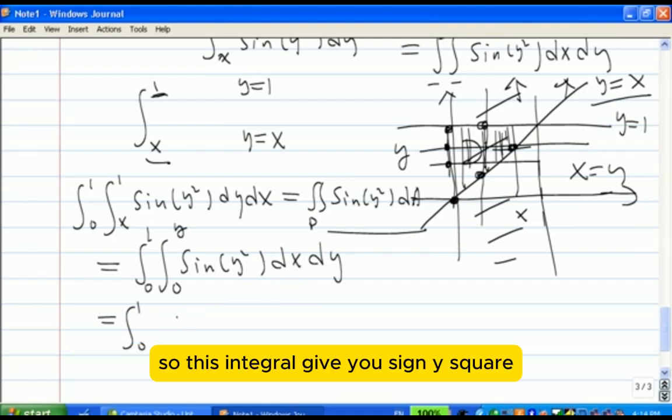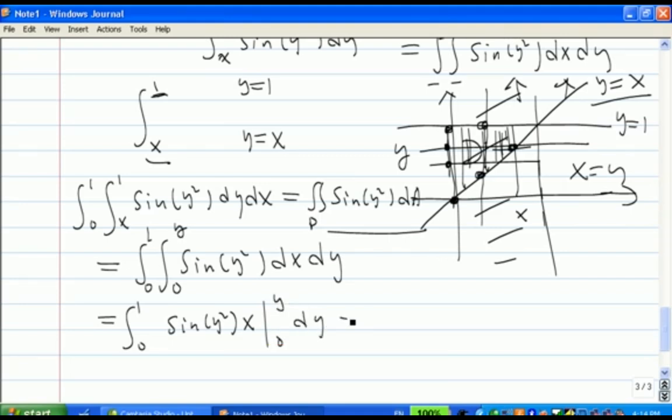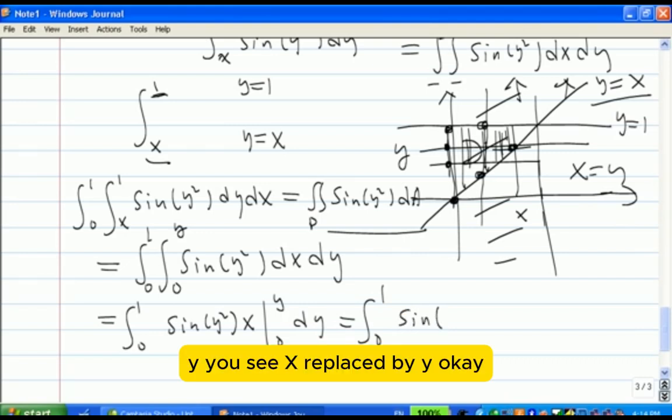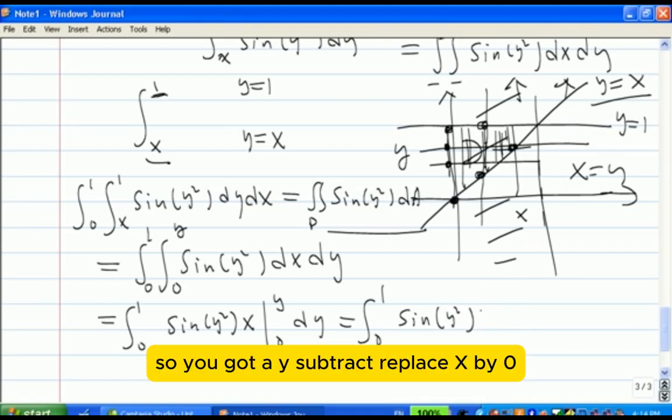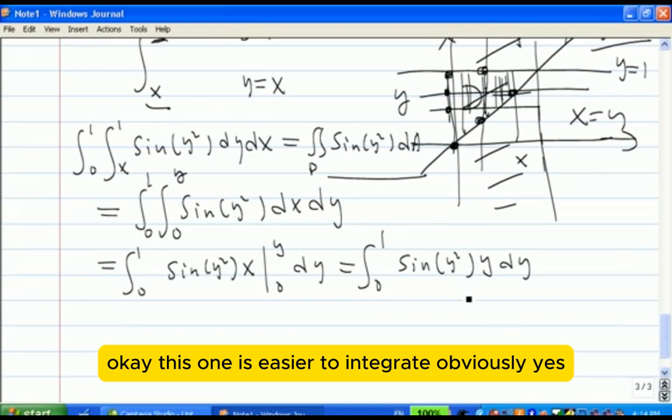This integral gives you sine y squared times x, evaluated from 0 to y, dy. When you replace x by y, you get y, subtract, replace x by 0, which is 0. This one is easier to integrate, obviously.